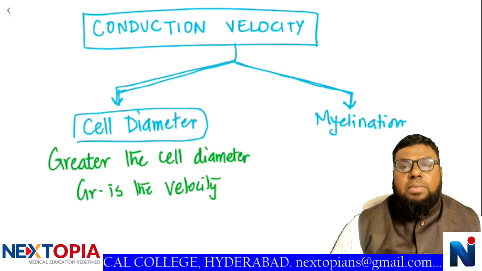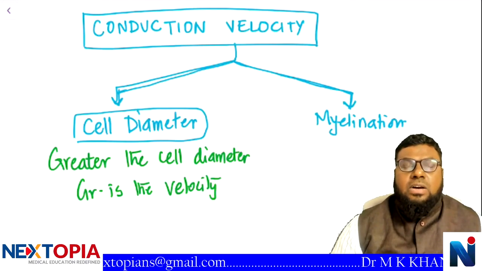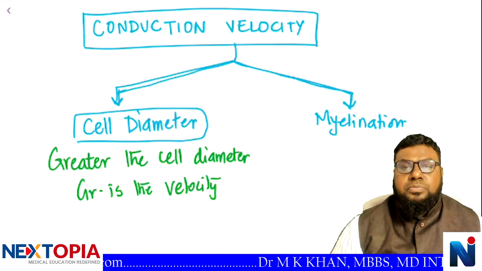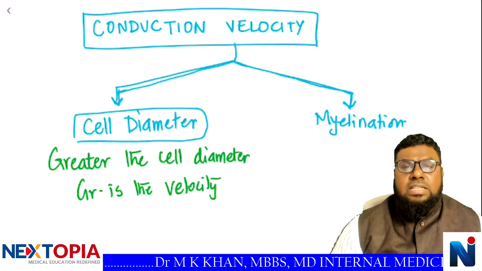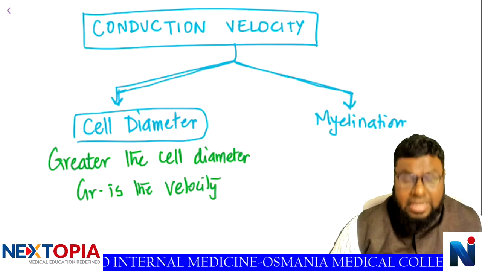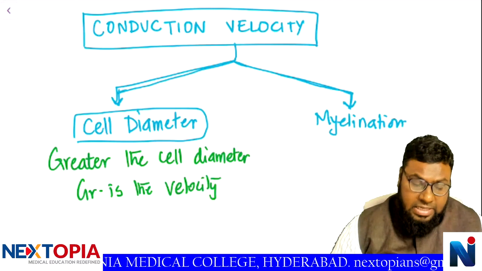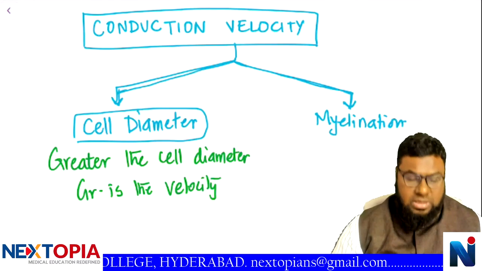The greater the cell diameter, the greater is the velocity. What does that mean? If you check the cross-sectional surface area, as the cross-sectional surface area reduces, the electrical resistance increases, hence the greater the cell diameter, greater is the velocity.